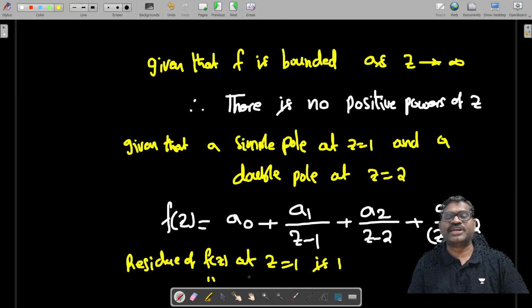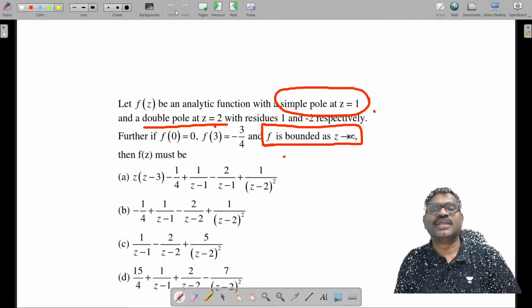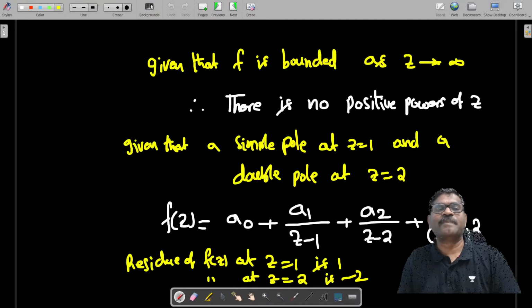The residue of f of z at z equal to 2 is minus 2. That is also provided in the data.